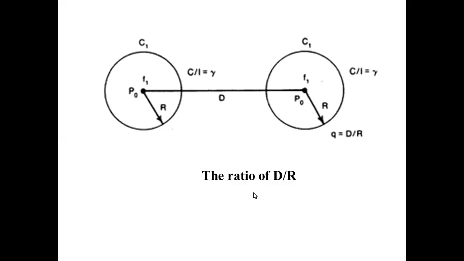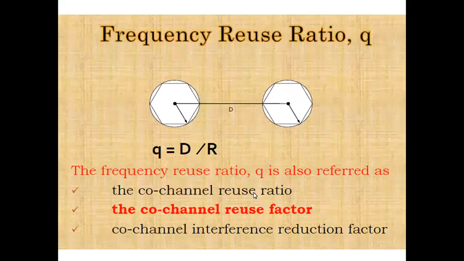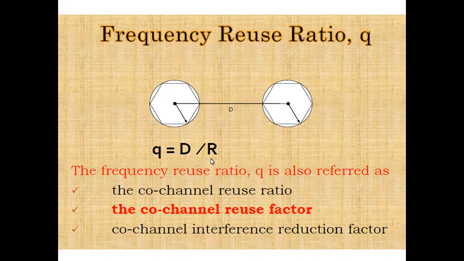Okay, coming to the next slide. The frequency reuse ratio is denoted by small q, and it is given by q is equal to d by r. The frequency reuse ratio is referred to as the co-channel reuse ratio. Co-channel means the same channel is used in the same area, or in the same city.